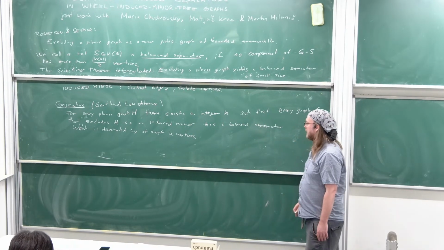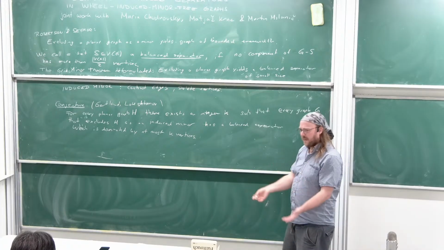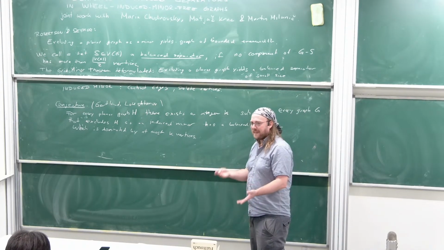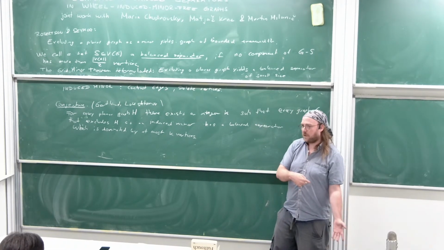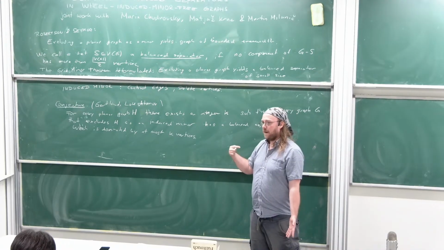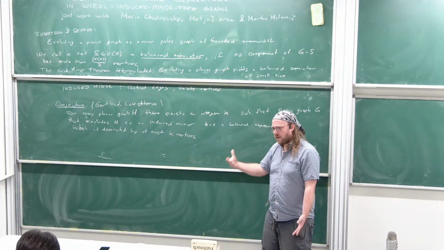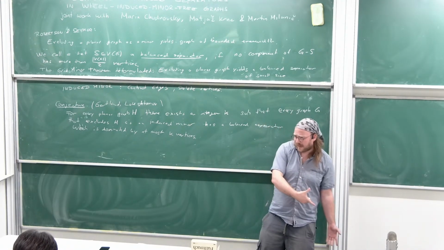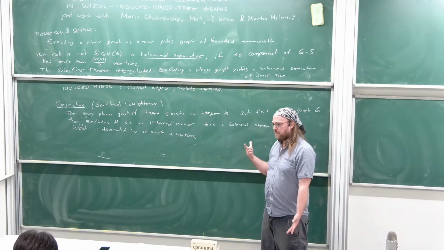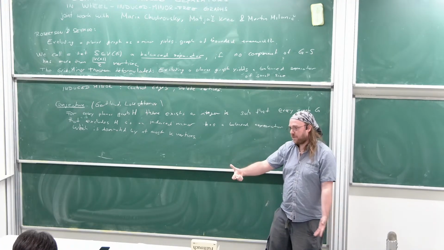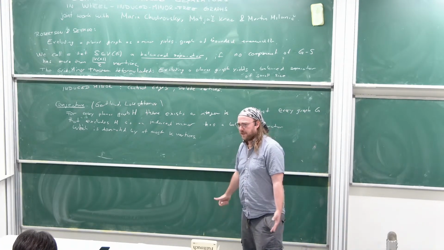Then if we have these weighted balanced separators which are dominated by a small number of vertices, which is, I think, slightly stronger than just saying for every subgraph we have it, but it implies that we have it for every subgraph, then we have the QPTAS.